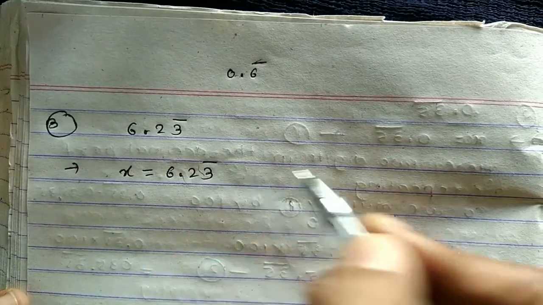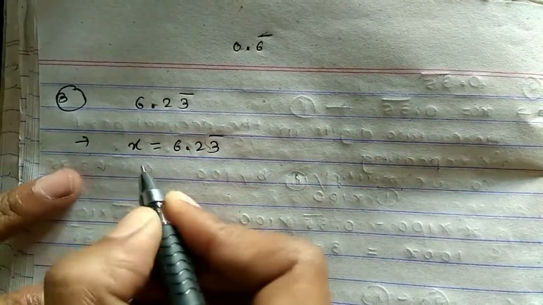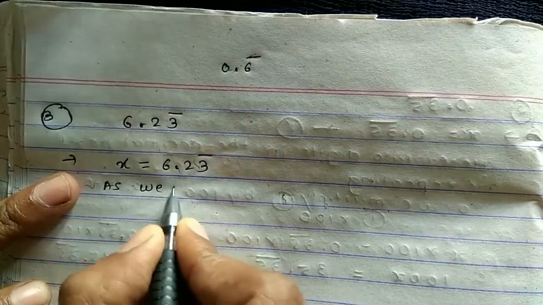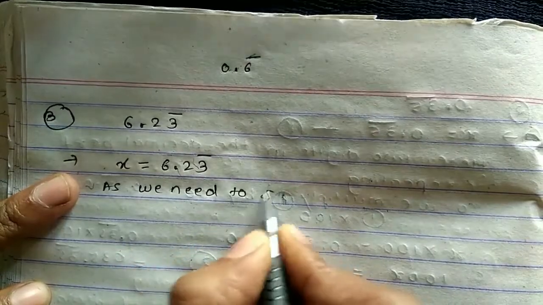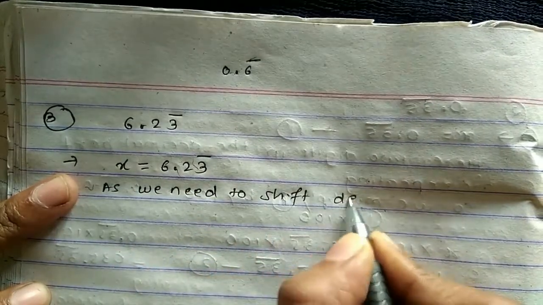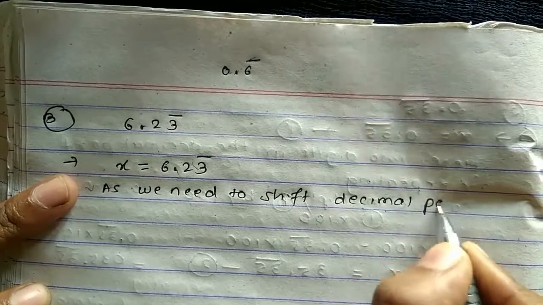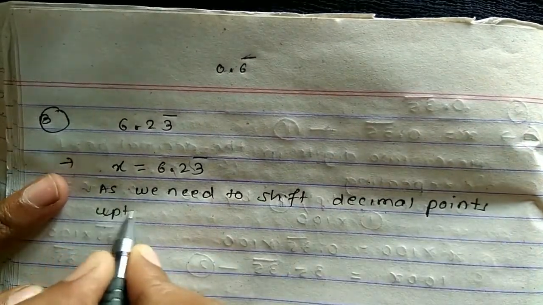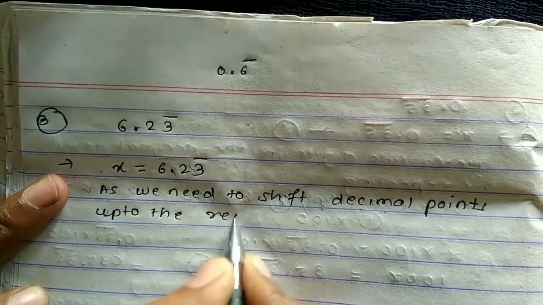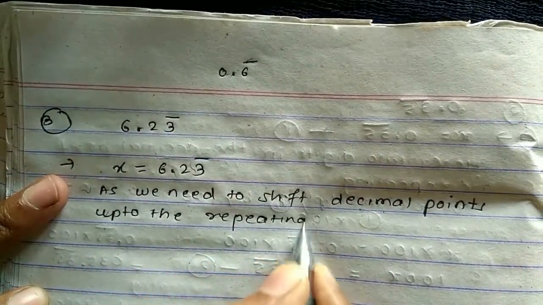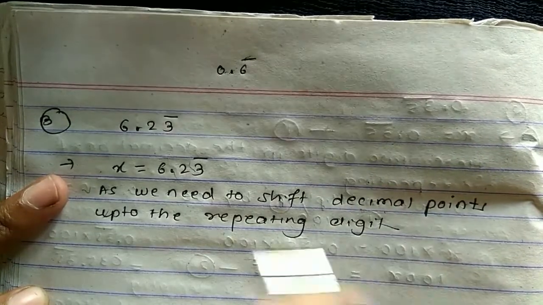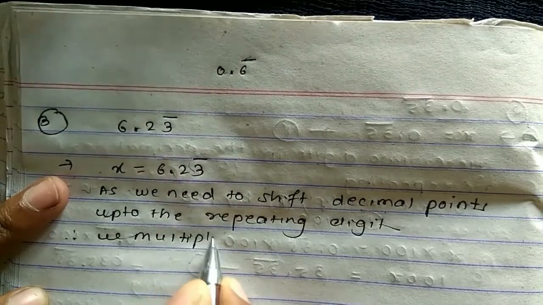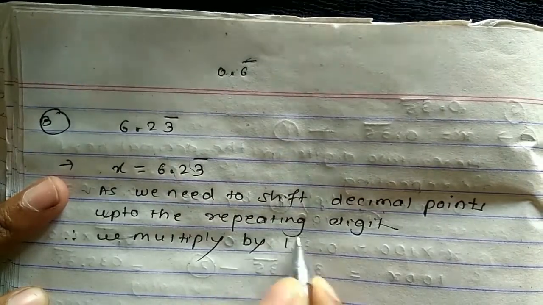So we'll multiply this by 10. Here I'll write the steps also. As we need to shift the decimal point up to the repeating digit, therefore we multiply by 10.